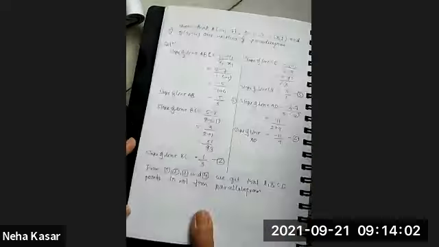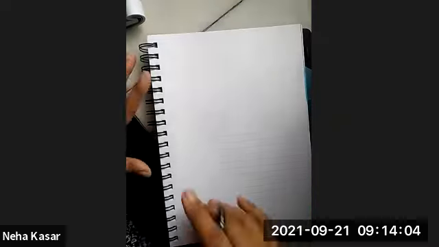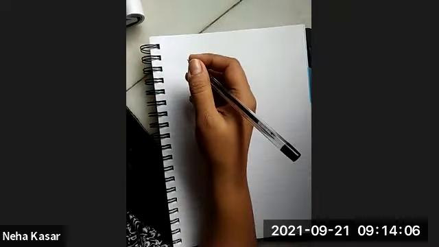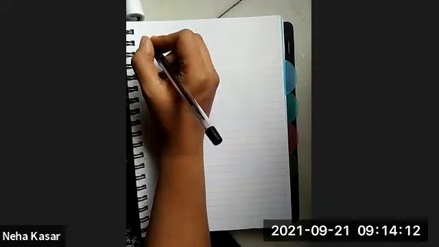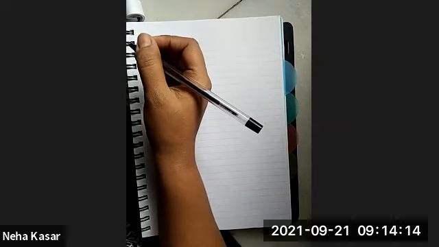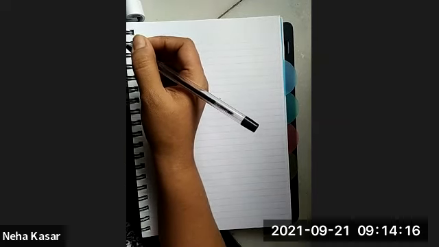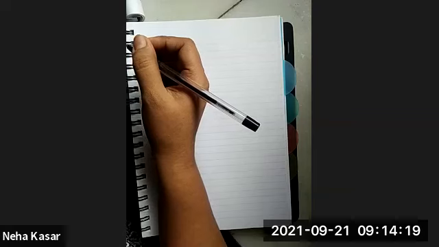So we are moving to the next sum. So sixth sum, to find the value of k if R is (1, -1), S is (-2, k) and slope of the line RS is -2. Okay.